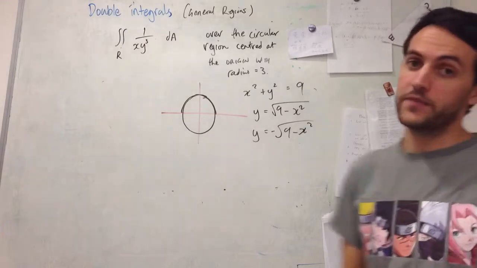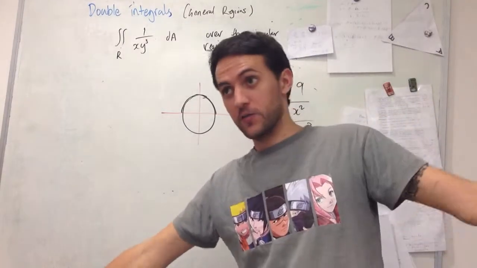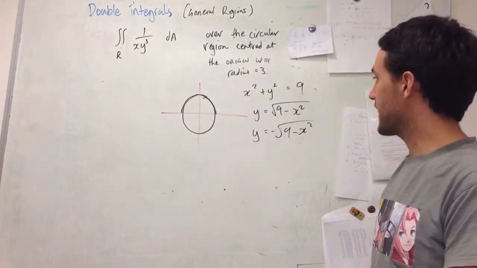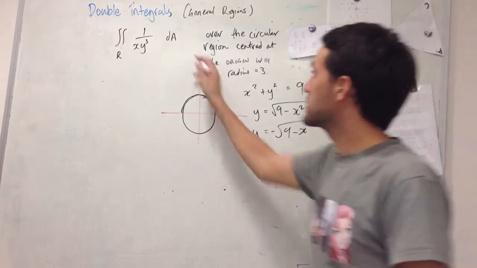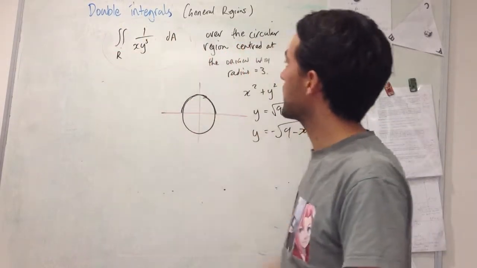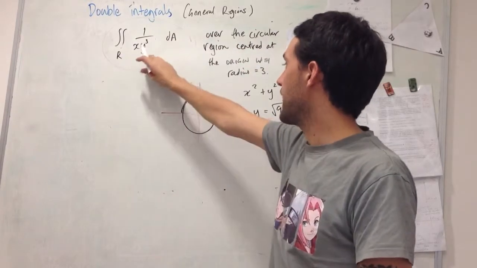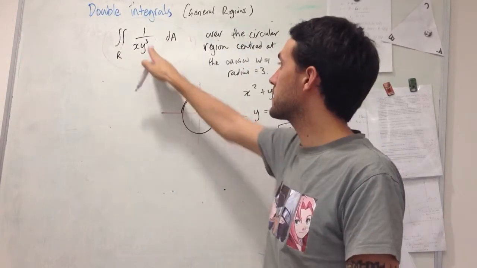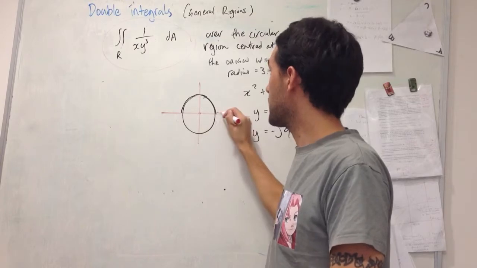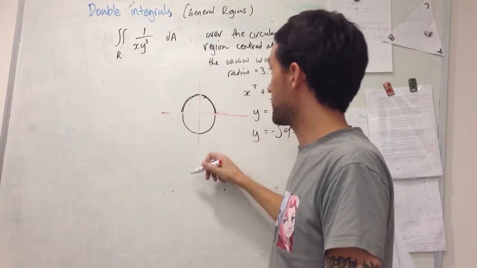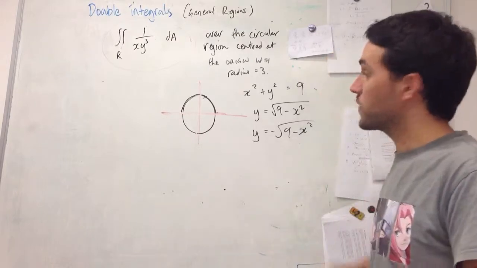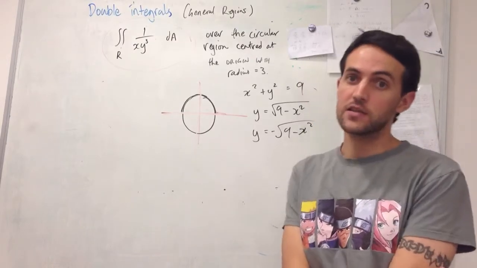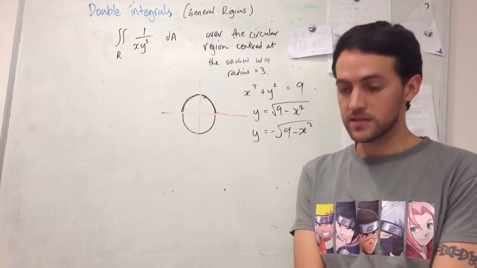Now, the only problem with this is that, even though that's all well and good, when trying to take the integral here, note that at 0, 0, or in fact anywhere along the axes, this function is undefined. So we can't take integrals over regions that aren't defined.